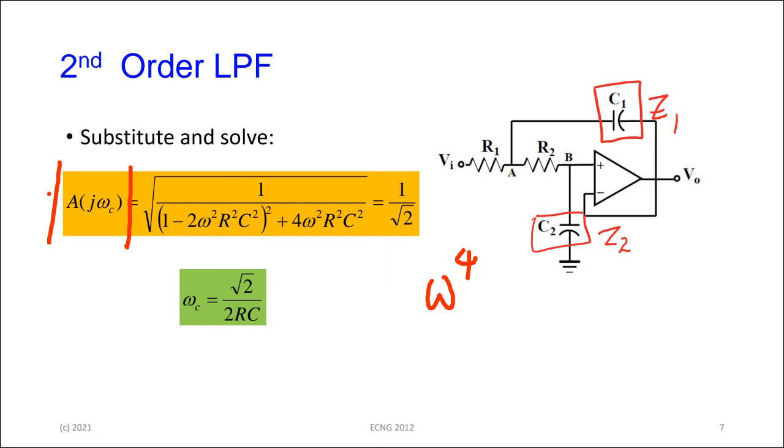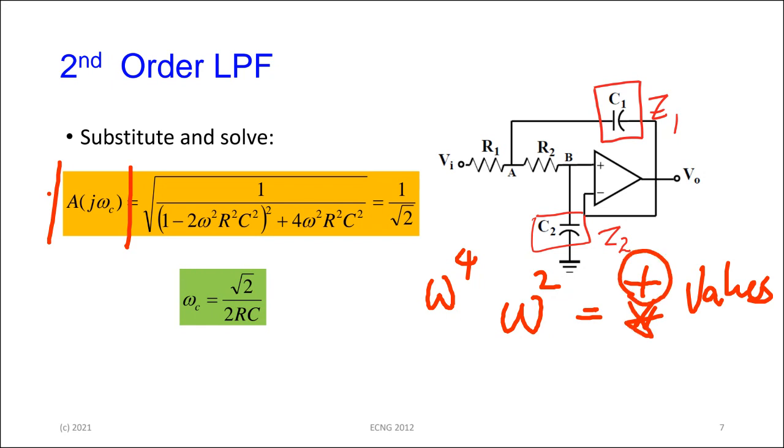Okay, so when you get omega to the fourth equal to some big funny expression here, when you solve that using the normal quadratic formula, you're going to get an expression for omega squared that is plus or minus some values. All right, we will deal with the real value. So when you get omega squared equal plus or minus some value, you're going to ignore the negative one and go to the positive one, and then take the square root of that to get omega.